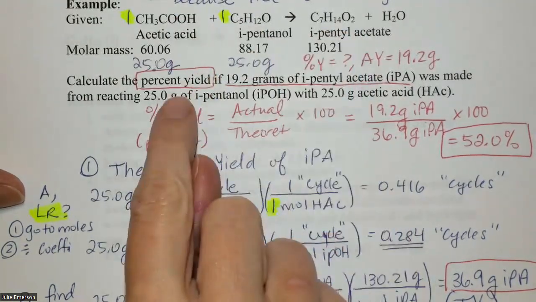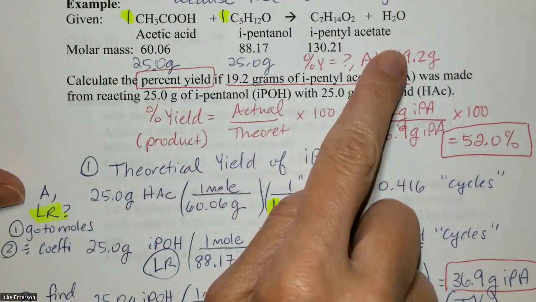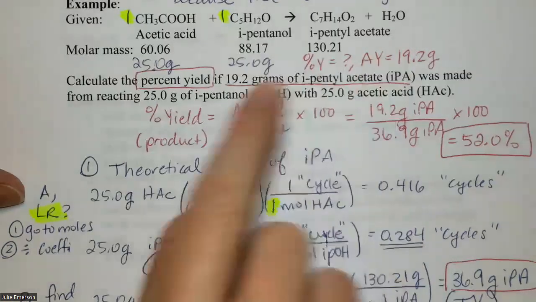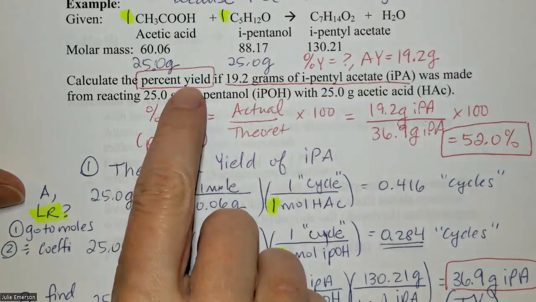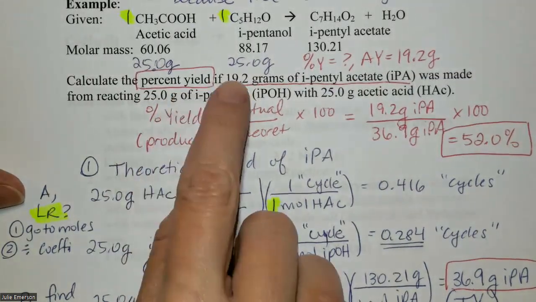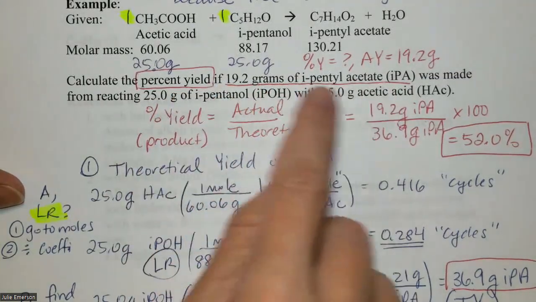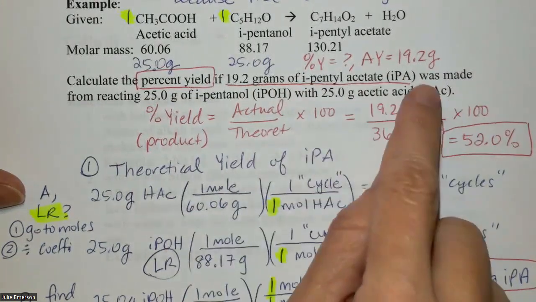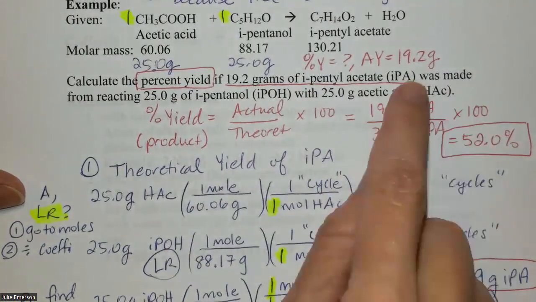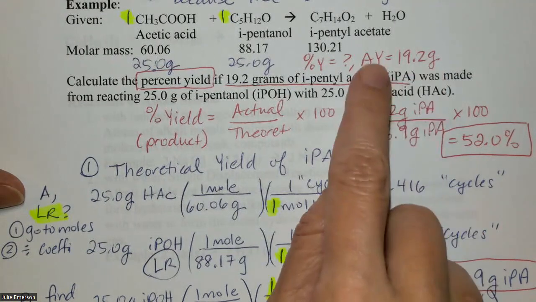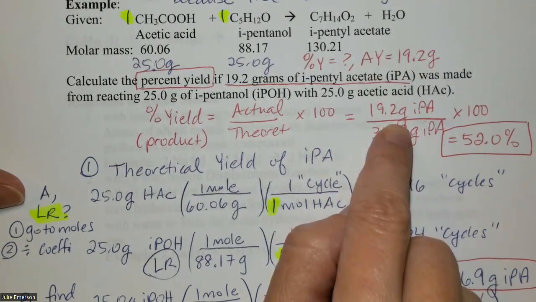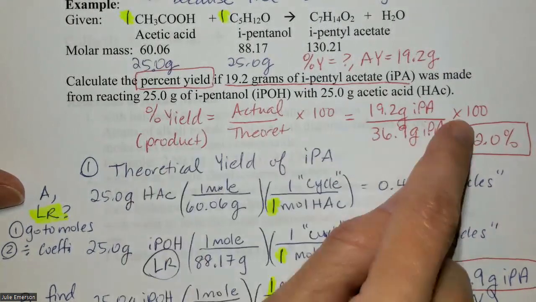So we knew that we were looking for the percent yield of the isopentyl acetate. Number two, if we are looking for the percent yield, the actual has to be given. So this 19.2 grams of isopentyl acetate has to be the actual yield, and it does say that was made. We pull that out because we're going to save it for later when we do the percent yield calculation.